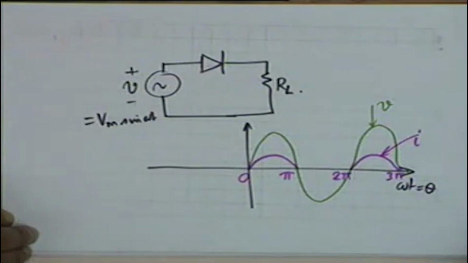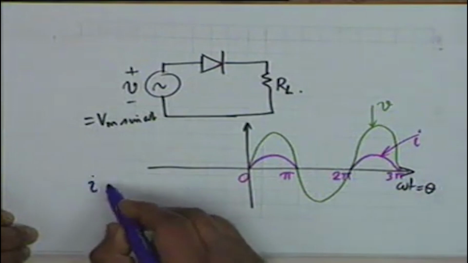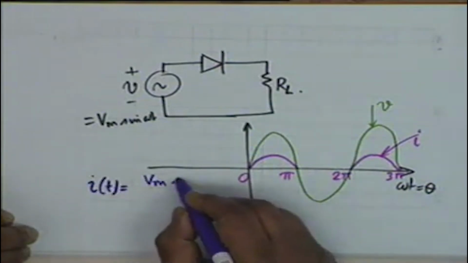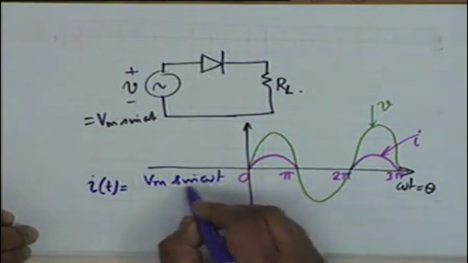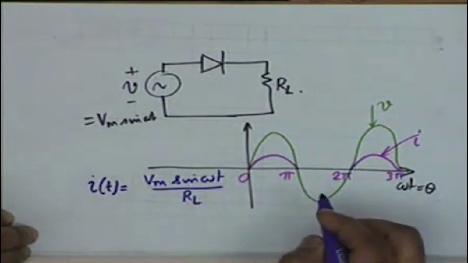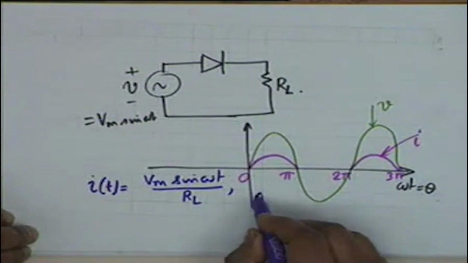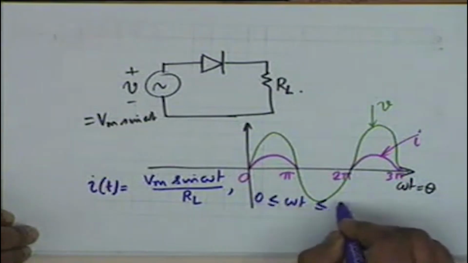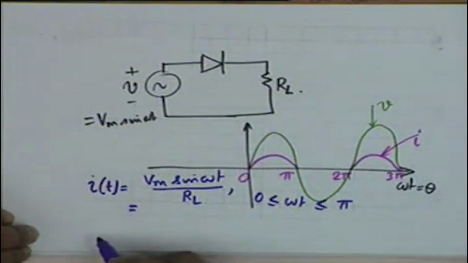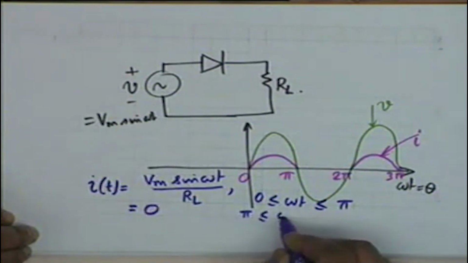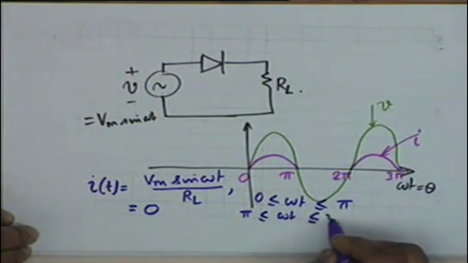And you notice that during the positive half cycles, I of t is equal to Vm sin omega t divided by RL. This holds for omega t between 0 and pi, that is 0 less than or equal to omega t less than or equal to pi, whereas the current is 0 for pi less than or equal to omega t less than or equal to 2 pi.